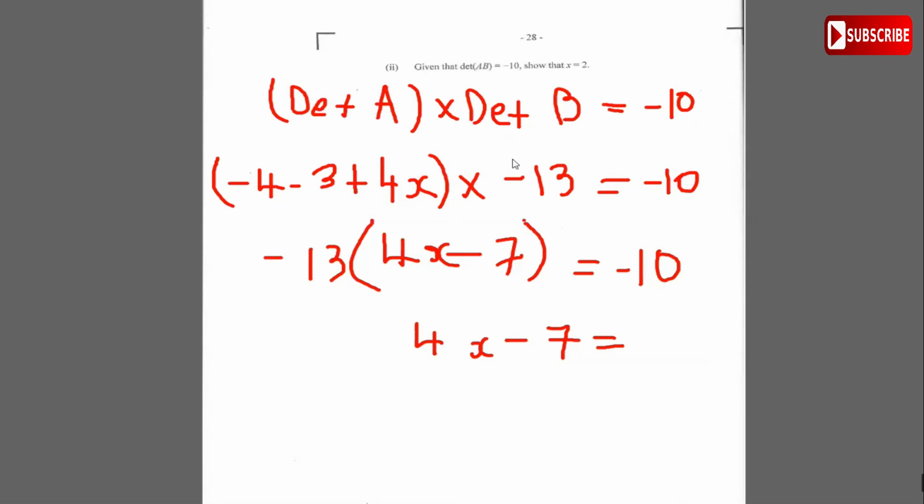let's go again. If I were to expand it in, that would be minus 52x. Then minus 13 times 7, I think that's 91, so plus 91.